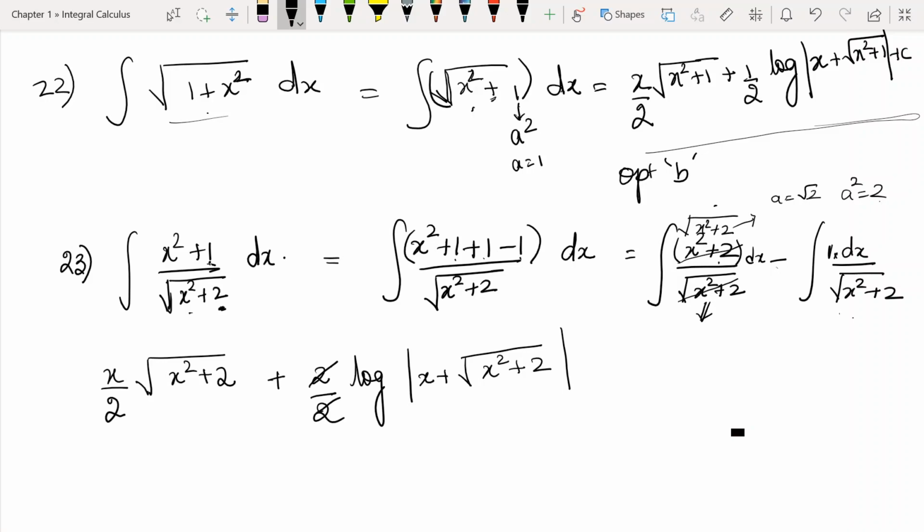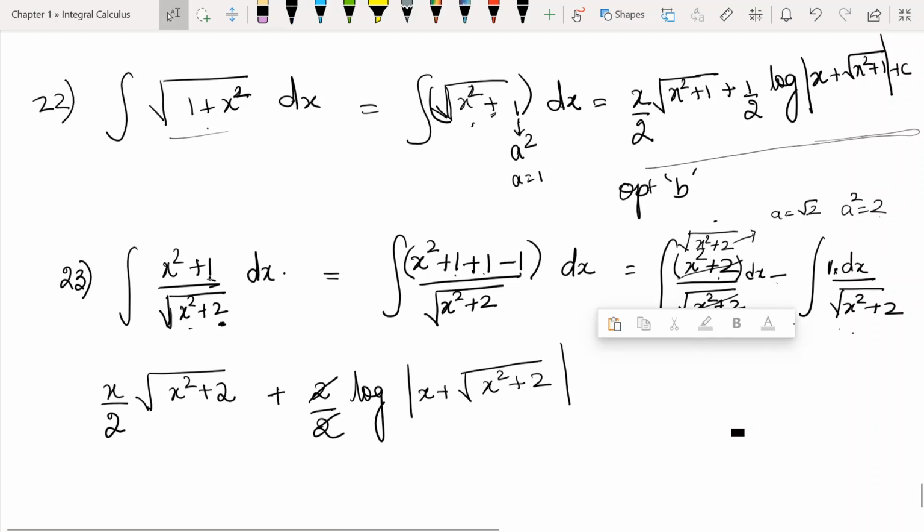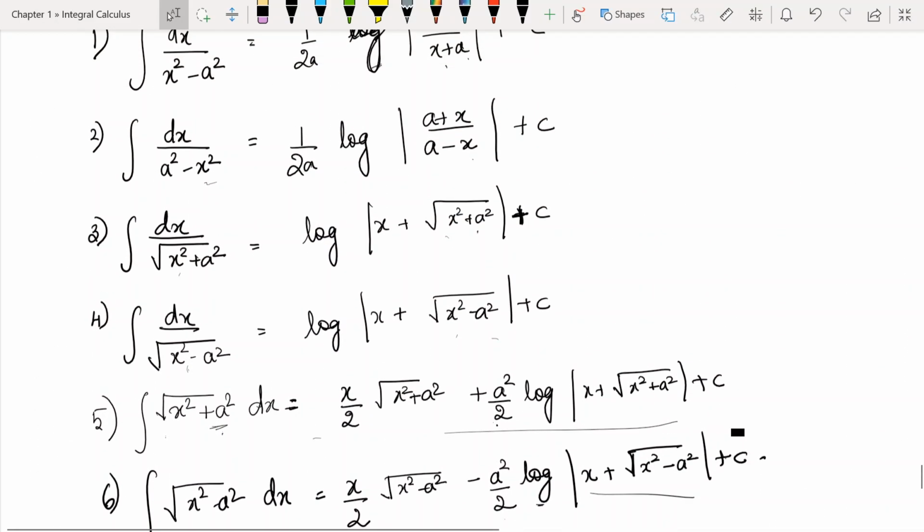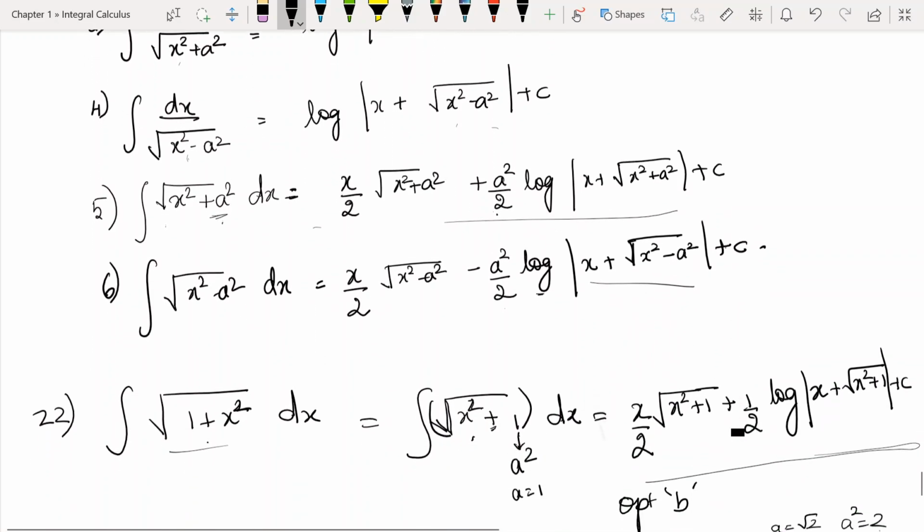Now coming to the next term. This term, how we will integrate this is, come to formula number 3. Dx divided by root of x square plus a square. What you get is only this simple term. So dx divided by root of x square plus a square is nothing but log of x plus root of x square plus a square.